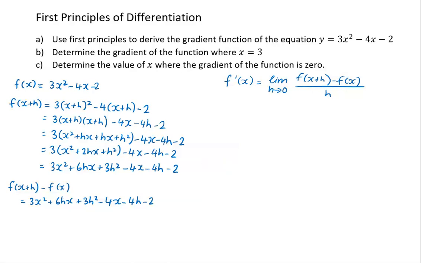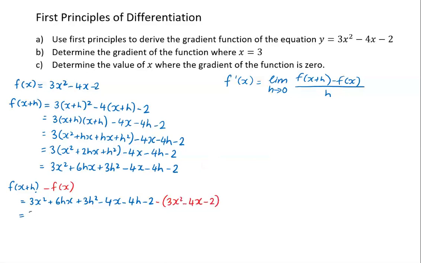And from that, we're going to subtract. I might just change the color here so it's easier for us to see what we're subtracting. We're subtracting the original f of x function, which is minusing off 3x squared minus 4x minus 2. Pop that in brackets to remind us to subtract each part of that expression.